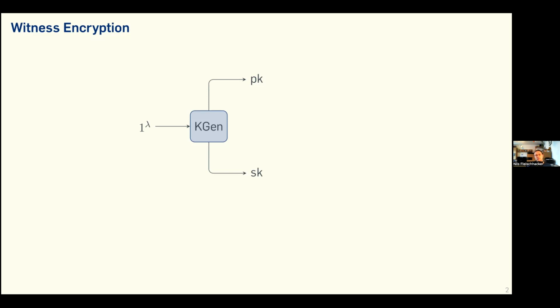You can then encrypt some message M with the encryption algorithm using the public key, and you get a ciphertext C, which can be decrypted using a decryption algorithm given the secret key, giving a message M prime. What does that mean? It means that I can encrypt towards a public key, and whoever has the secret key can decrypt.